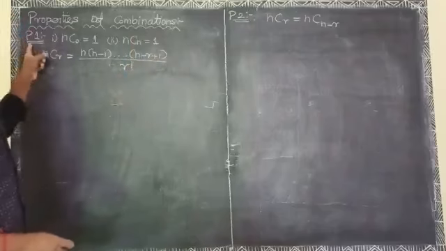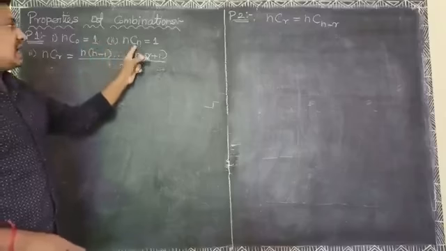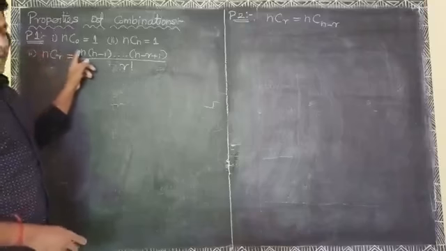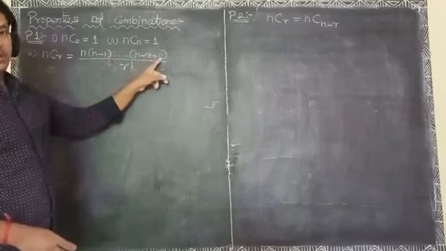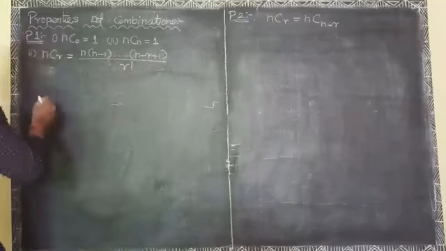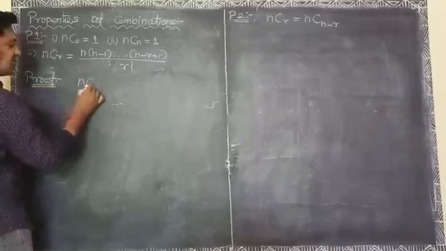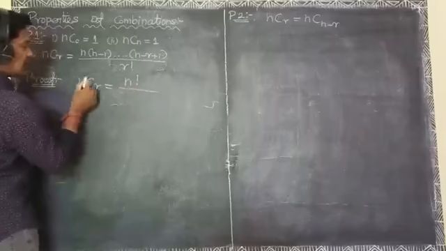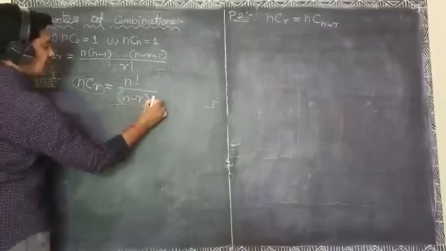In property number 1: subdivision 1, nC0 is equal to 1; subdivision 2, nCn is equal to 1; subdivision 3, nCr is equal to n into (n minus 1) into and so on up to (n minus r plus 1) divided by r factorial. Here is the proof. We know that the expansion of nCr is n factorial divided by (n minus r) factorial into r factorial.